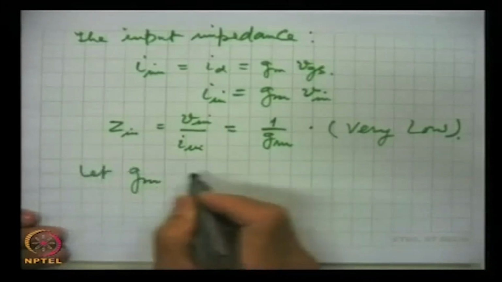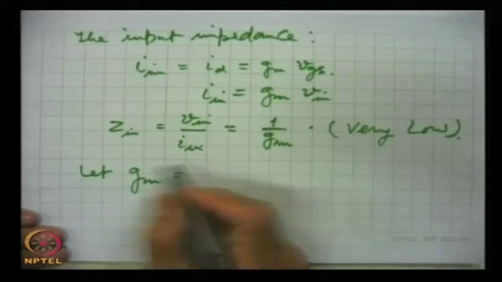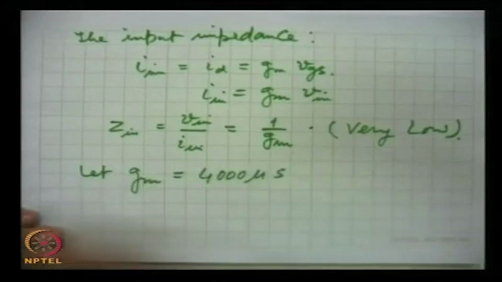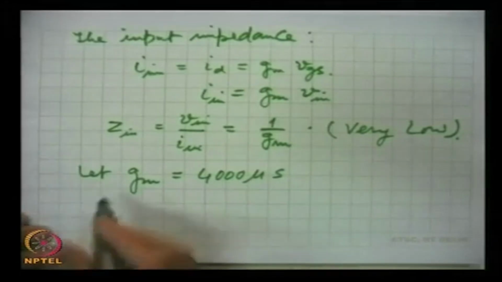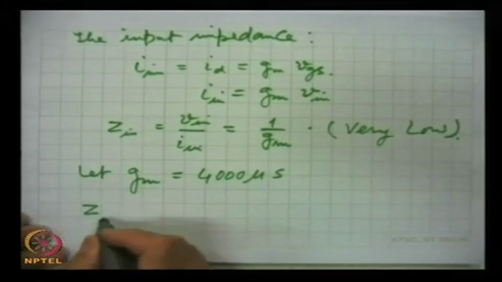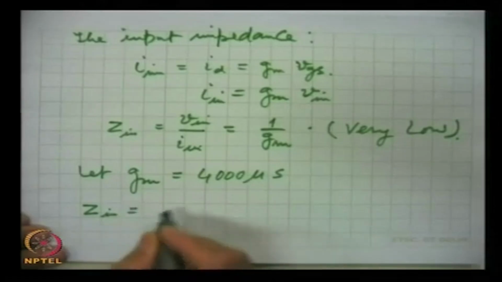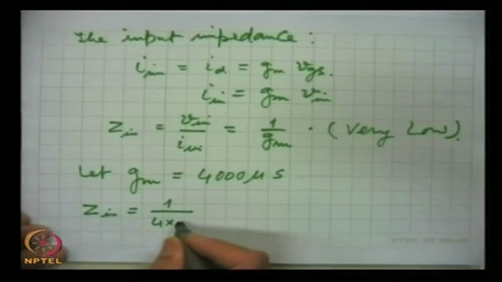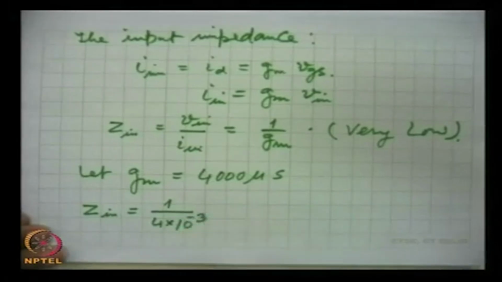Let GM be equal to, as we have taken earlier, 4000 micro Siemens. Then Z in will be 1 by 4 into 10 to power minus 3. We have to put in Siemens.